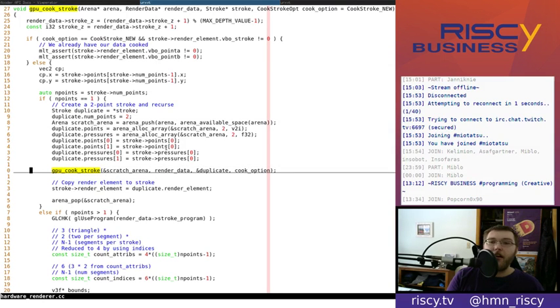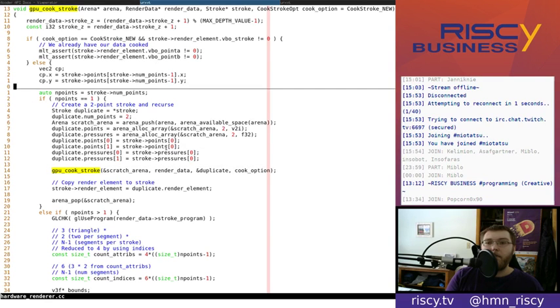So I was thinking, well, this is interesting that it can get recursive here.